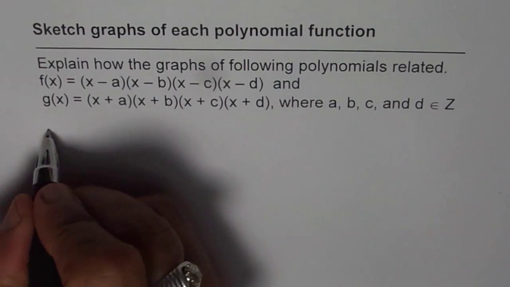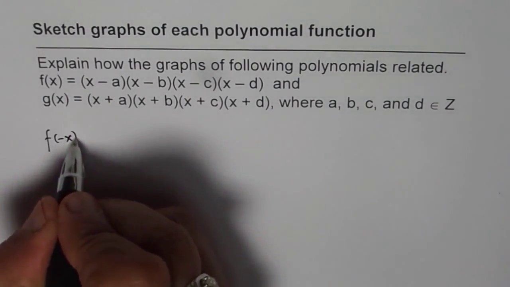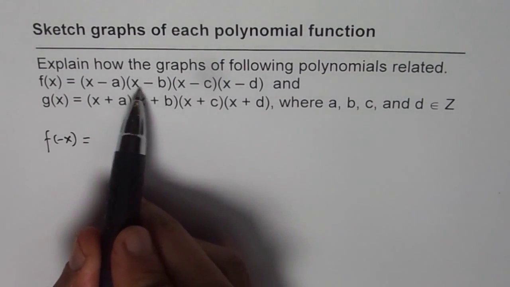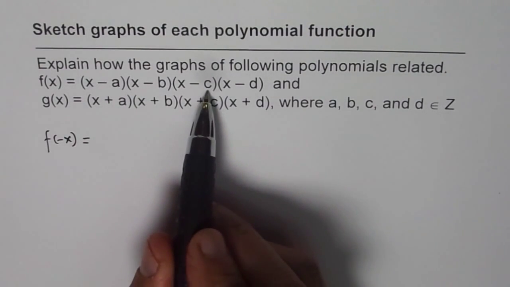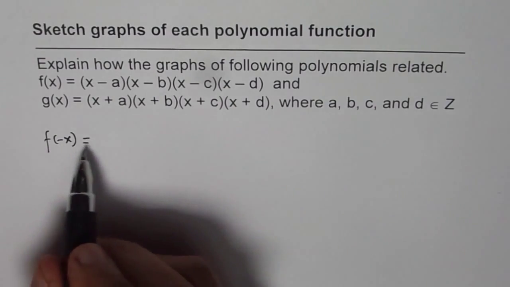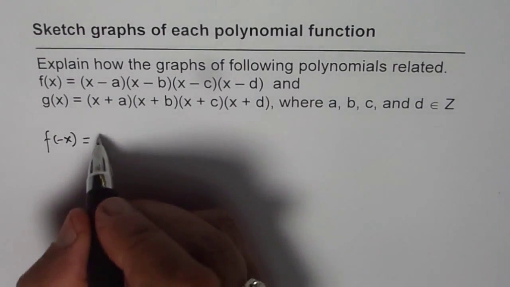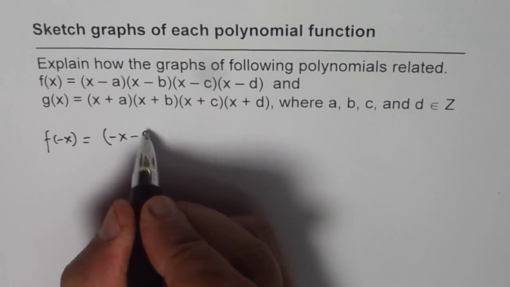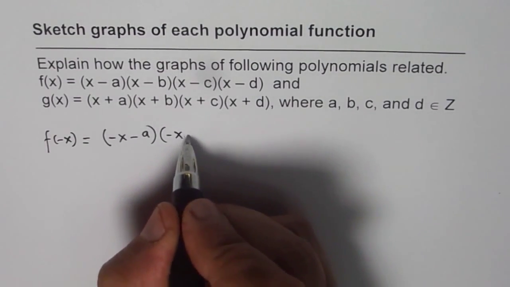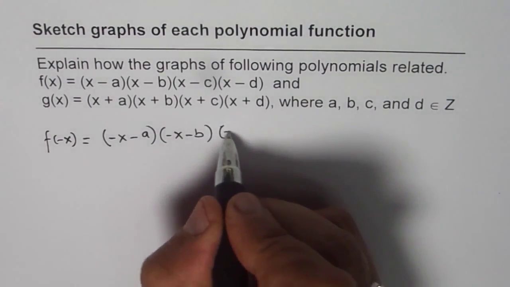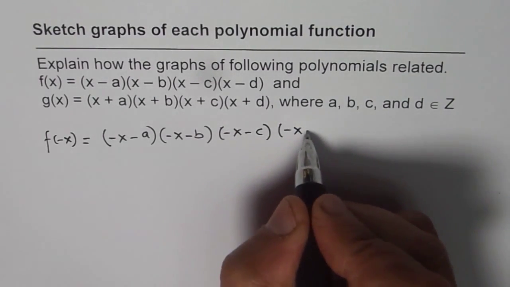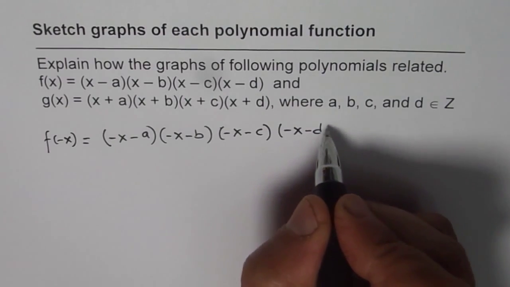Okay, let me see what f of minus x equals. f of x is x minus a, times x minus b, times x minus c, times x minus d. Let me replace all these x's with minus x. We get minus x minus a times minus x minus b times minus x minus c times minus x minus d.